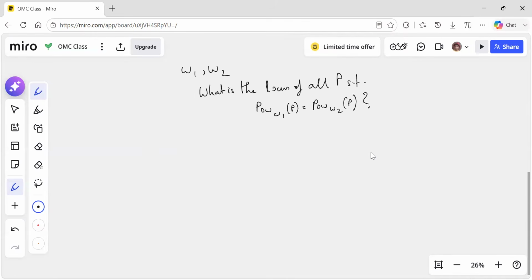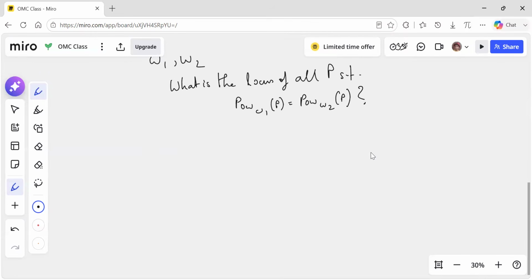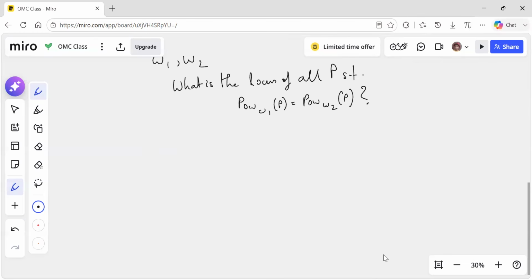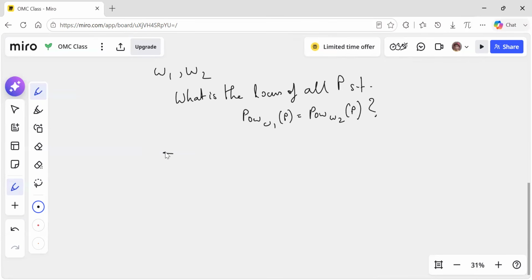You're talking about the radical axis. Precisely, the radical axis. Yes. I think a lot of you know this, so I'll skim through it a bit. When we want to find a locus, a good approach is to draw a lot of diagrams and see what's coming and what's not coming. So let's see, you have this.